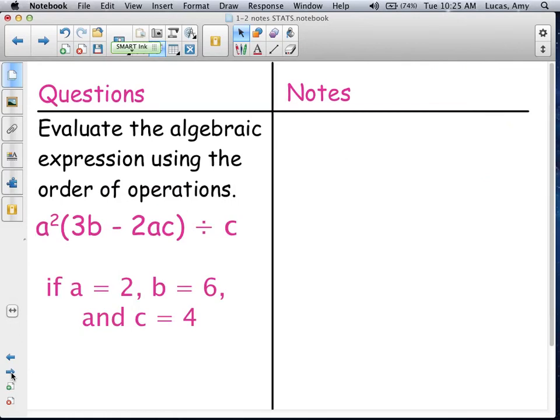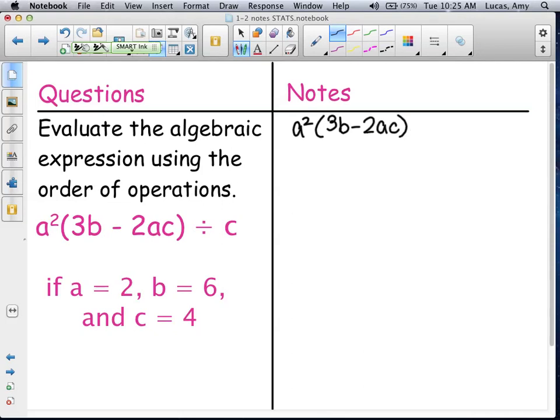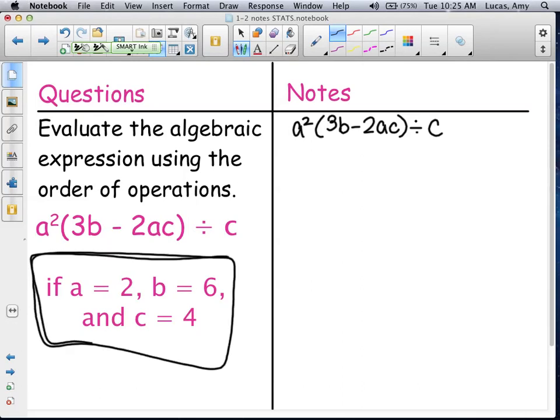Okay, now we've got to do a little plug it in, substitution. Evaluate the algebraic expression using the order of operations. So, a squared, then we've got 3b minus 2ac divided by c, and right here it tells us what a, b, and c are equal to, so we've got to plug those in.